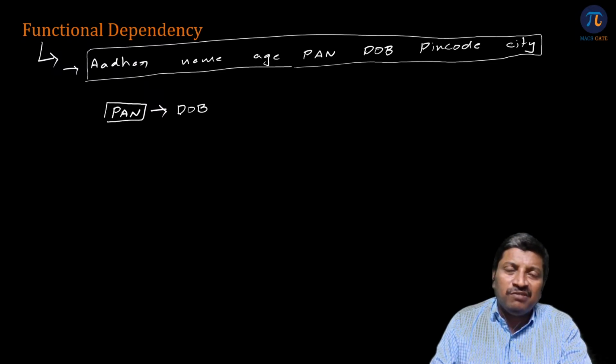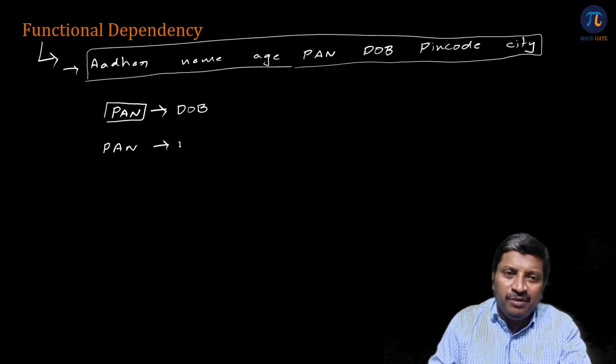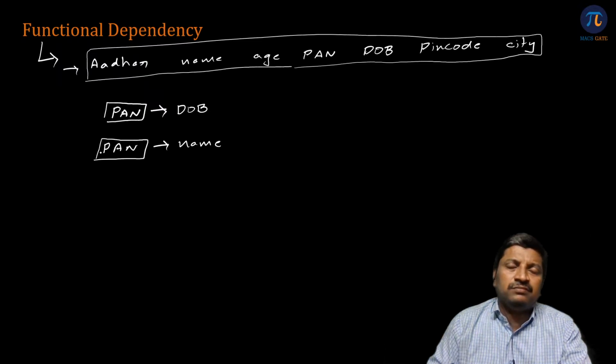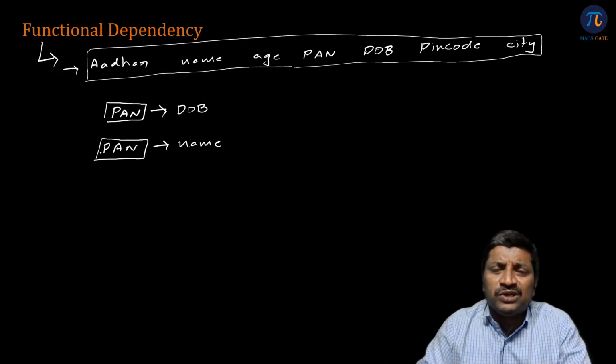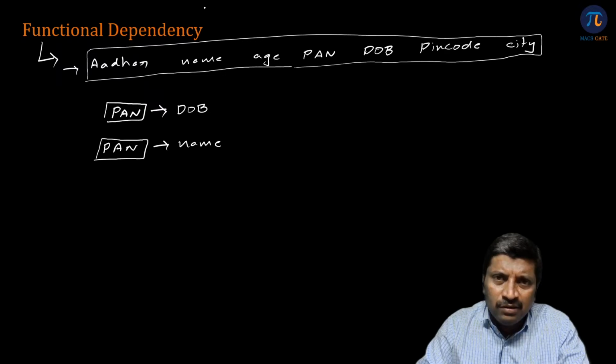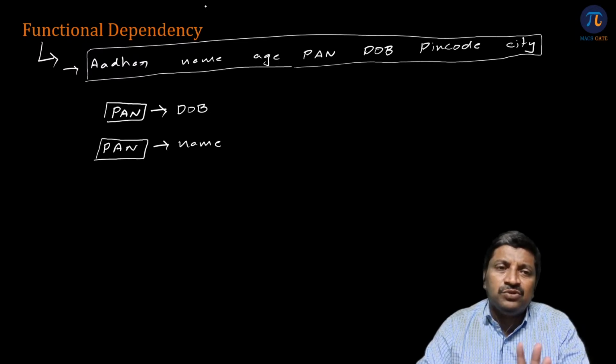So with the help of PAN card, we can get date of birth. With the help of PAN card, can we get the name? Yes, of course, we can get it. So these are two examples of functional dependencies. Of course, with the help of PAN card, we may get some other details. As of now, let us assume these are the two details we can get using PAN card.